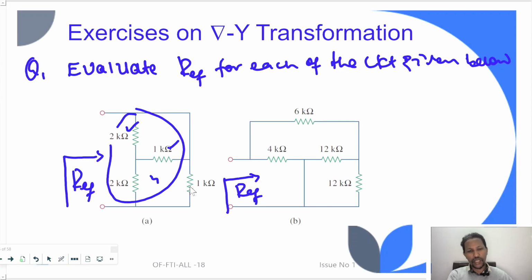And for the second one, you can observe, for example, the 12 ohm resistors: this resistor and this resistor are connected at this point, and the other terminals of the two resistors are connected at this point. So we can say that this resistor and this resistor are connected in parallel. So we can have the equivalent resistance, or we can apply the delta Y transformation.